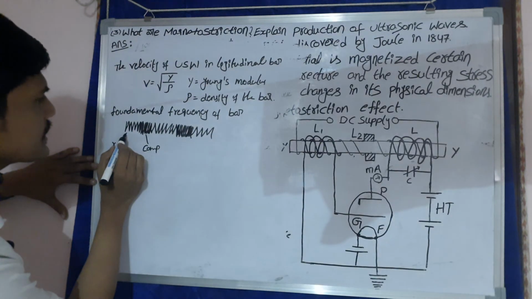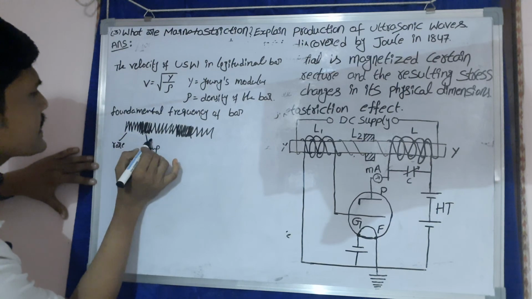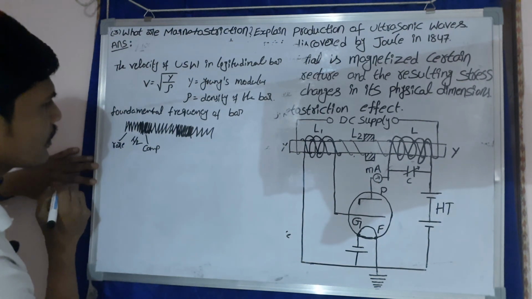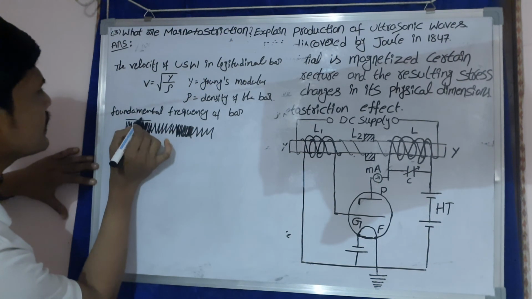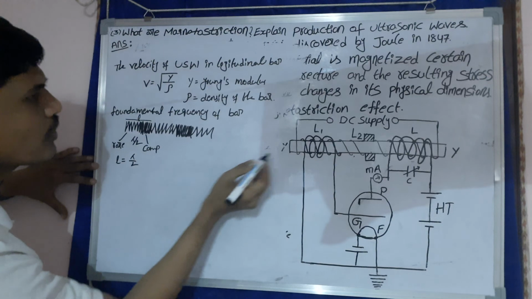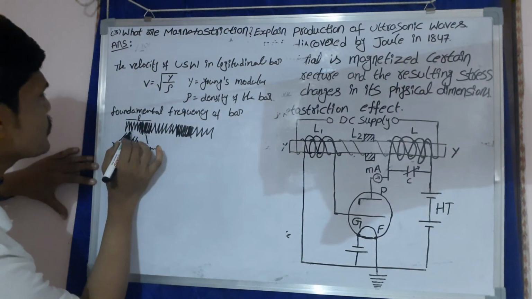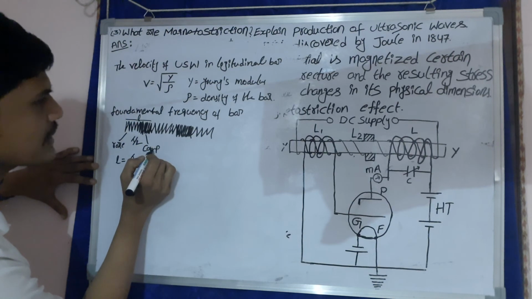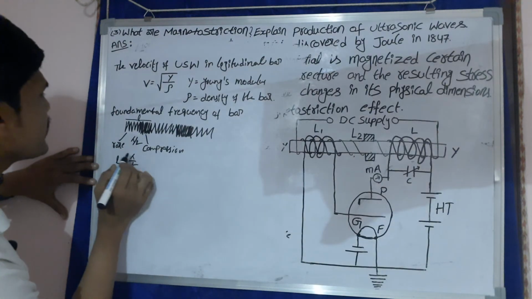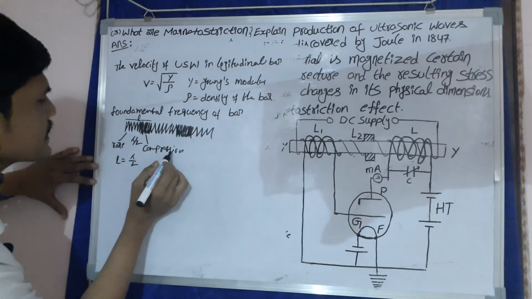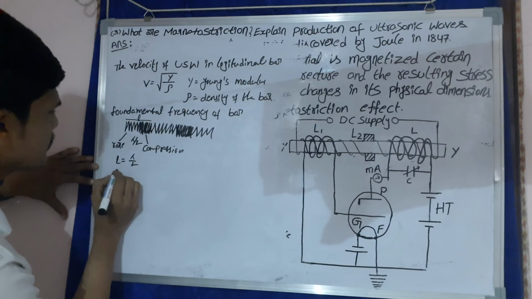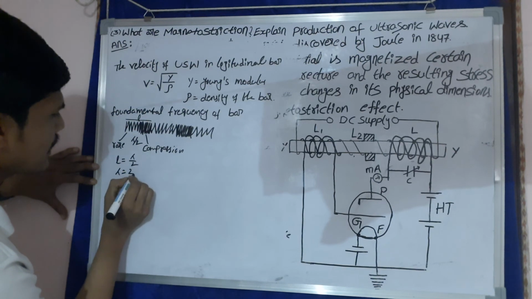The distance between one compression and one rarefaction is lambda by 2. The total length L equals lambda by 2, so lambda equals 2L.